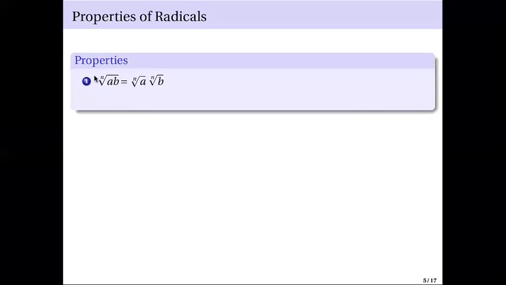You have a product inside the radical symbol. You can separate them. So nth root of a, b is equal to nth root of a times nth root of b. So we can distribute the radical symbol over a product. Take note of that, over a product.